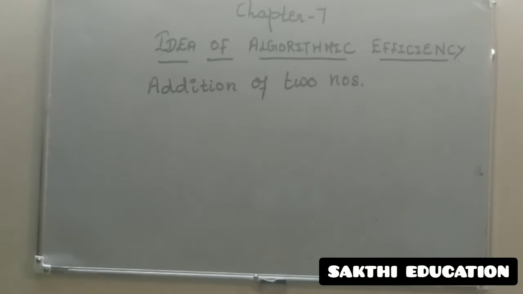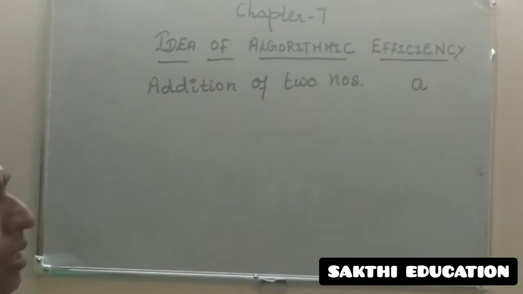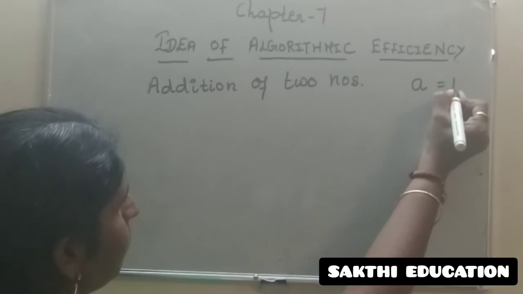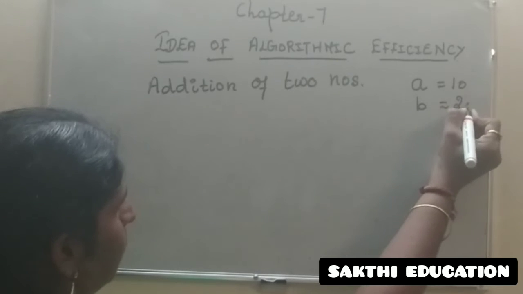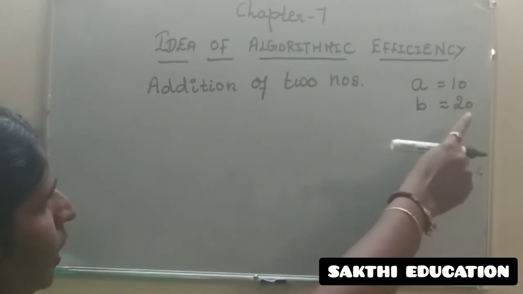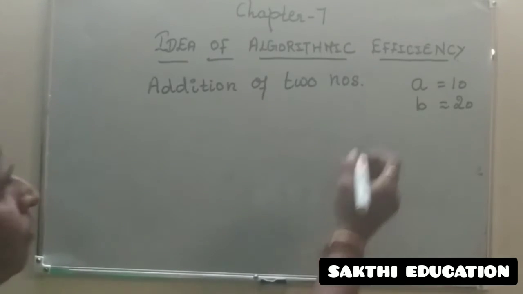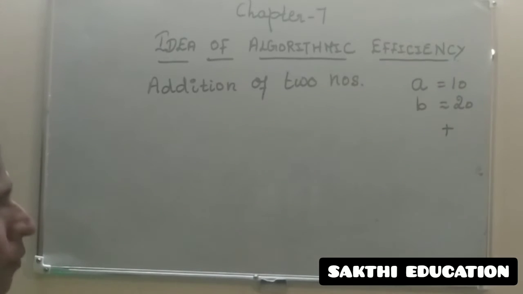We need two numbers. One number will be held by a variable a. Another number will be held by a variable b. Here I used a equal to 10 and b equal to 20. And we need the plus operator to perform addition.